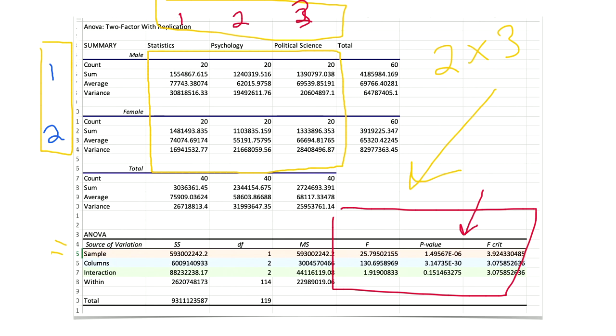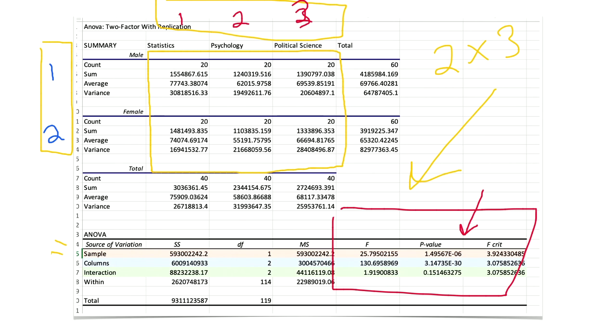It says 1.49567 to the minus 6 power. So that's moving the decimal point over a little bit. And so very, very important to see those minus signs. It'd be an error, because there's not enough room in that cell, and it's telling you that it's to a power. Now you see that there is a main effect for gender.